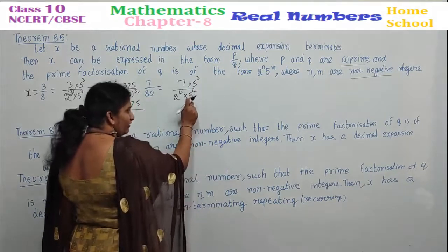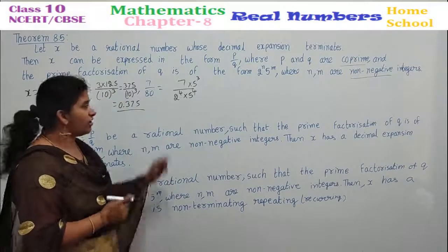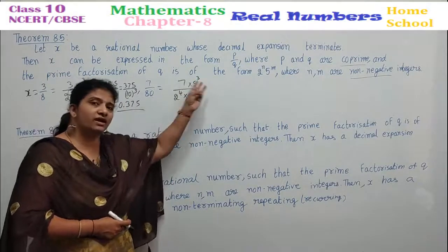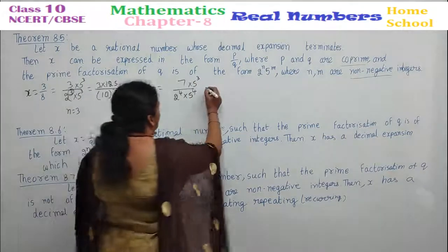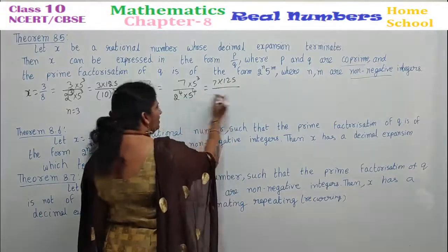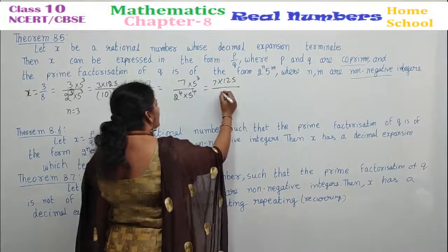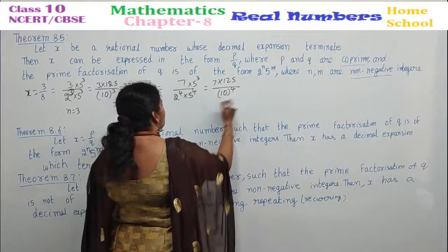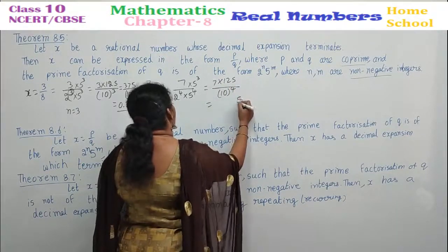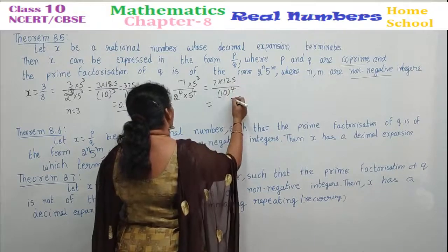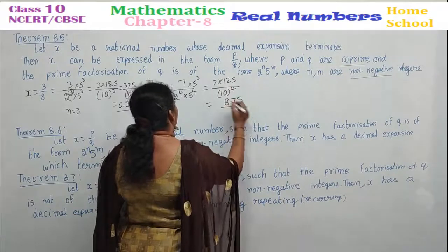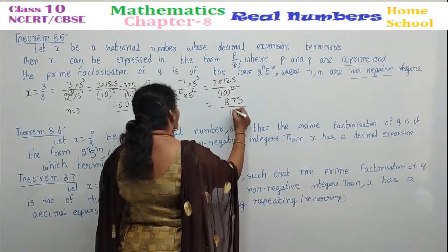Look here carefully, one 5 is already there, so I have multiplied 3 5s in the denominator as well as in the numerator. Now, what does it become? 7 into 125 by 2 into 5 whole power 4, that will be 10 power 4. Now multiply this one. 7 5s are 35, 7 2s are 14, 14 plus 3 is 17, 7 1s are 7, 875, that will be over 10 power 4.